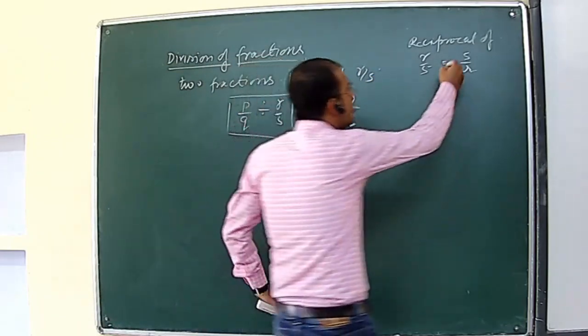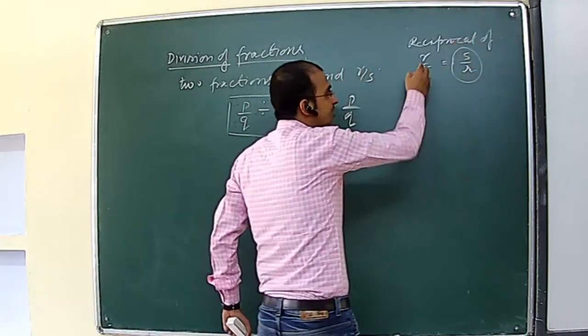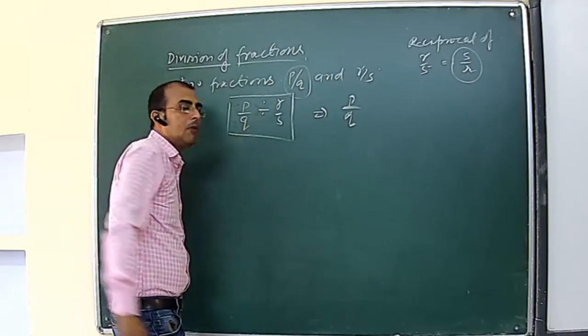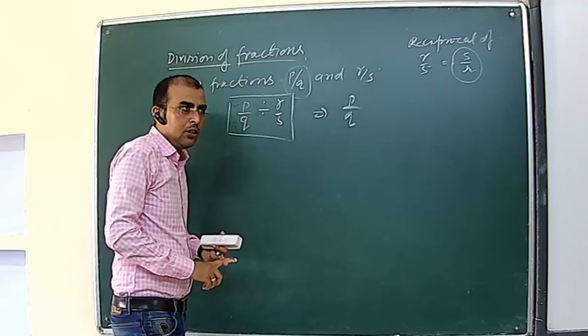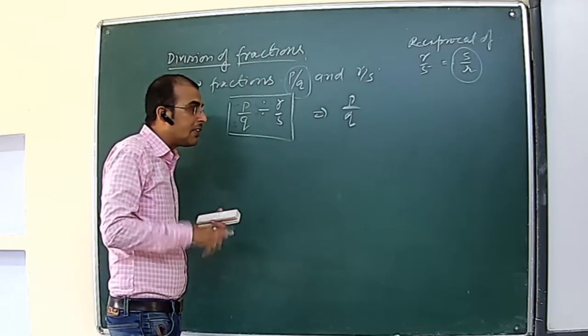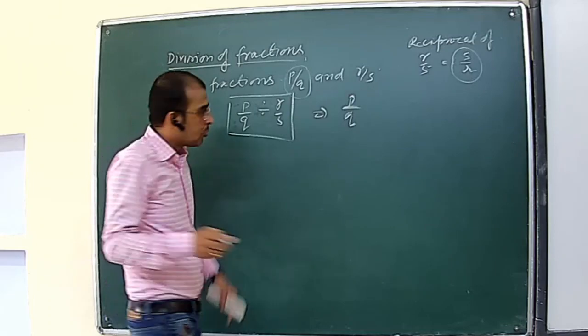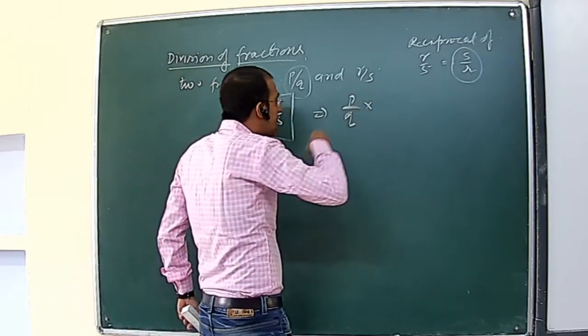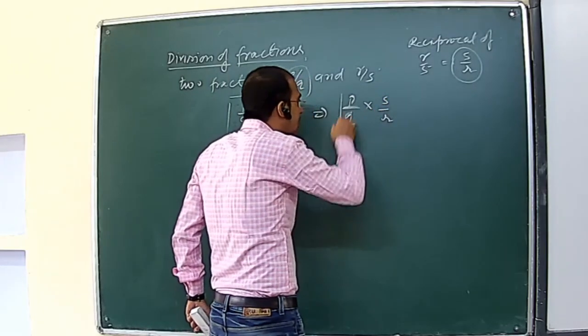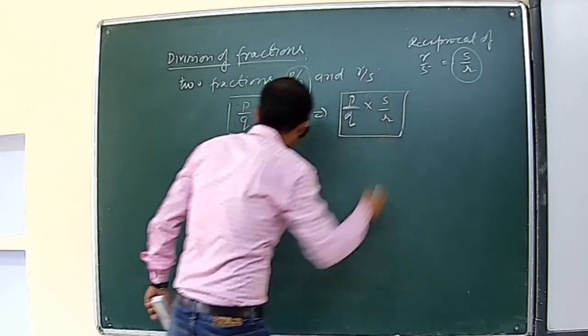So this is the reciprocal of the fraction R by S. We know that already: the reciprocal of division is multiplication and of multiplication is division. So we will write multiply, and R by S becomes S by R. Remember this.